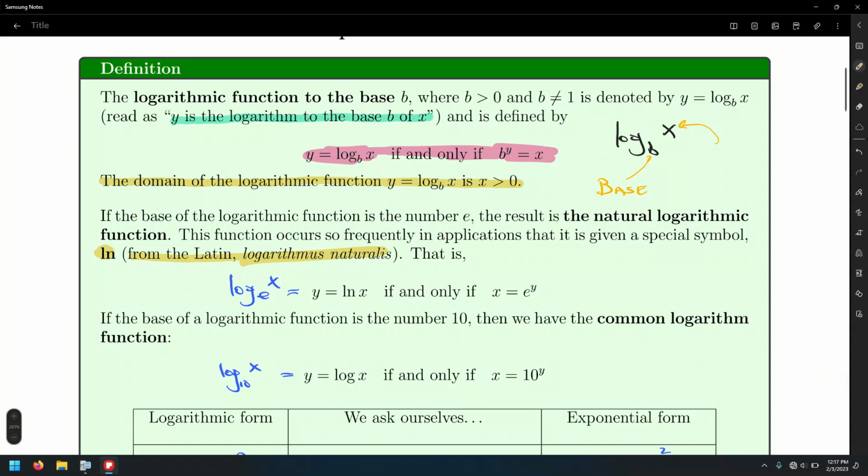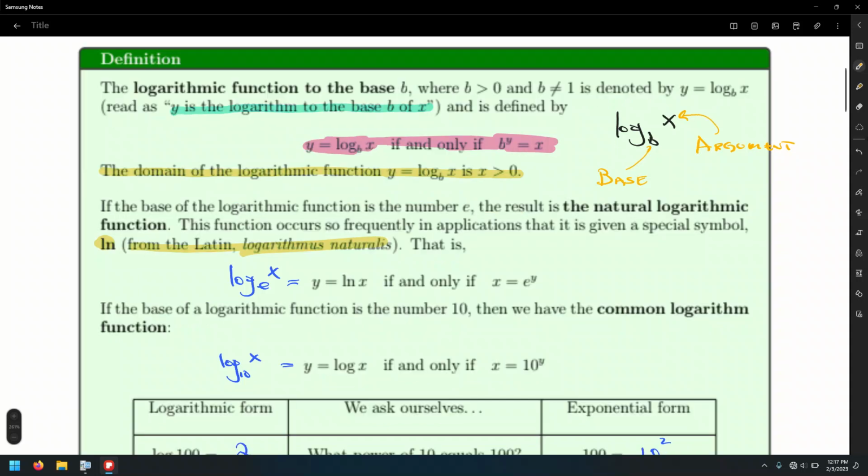This quantity x is called the argument, which is the expression or the number on which we are taking that logarithm, right? From now on, or actually when we get into the operations with logarithms, maybe next time when we get to the properties of logarithms, you will hear me using the word argument because that's the expression inside. You'll see.